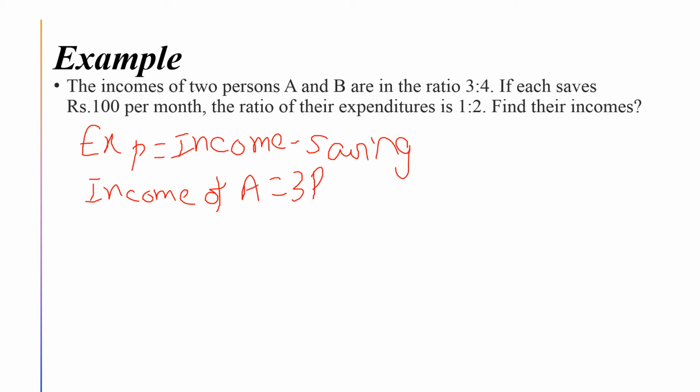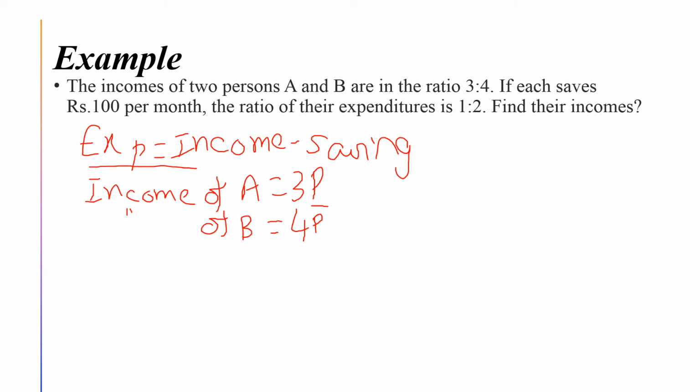Why do we introduce a variable P here? Because we want to calculate the income of the two persons. So the income of B is equal to 4P.